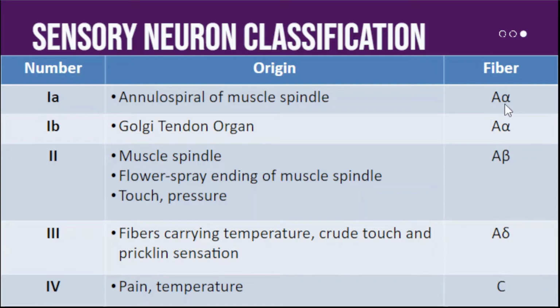Remember that your A alpha functions for proprioception. So nandun sila sa mga muscles natin because they can also be found there and in the Golgi tendon. So basically, ito sensory receptor din yan in the muscle. Oh, what else? Your A beta for touch and pressure. So they're here as well. Your A delta for pain, no, prickling sensation. And then type C also for pain.